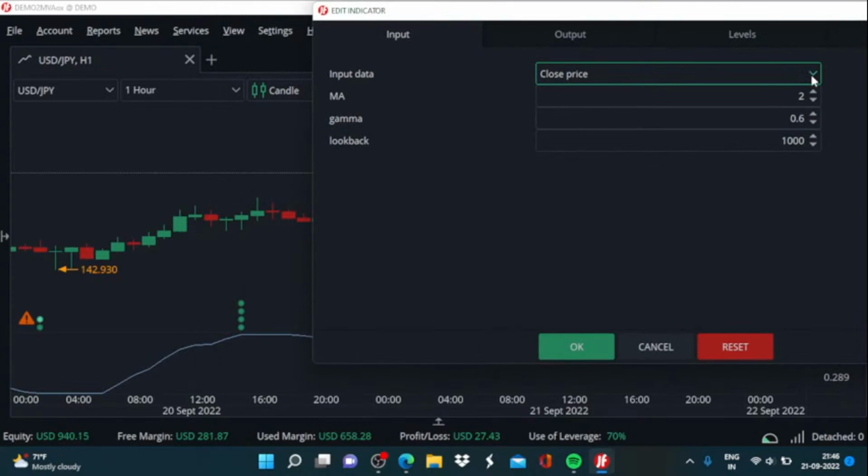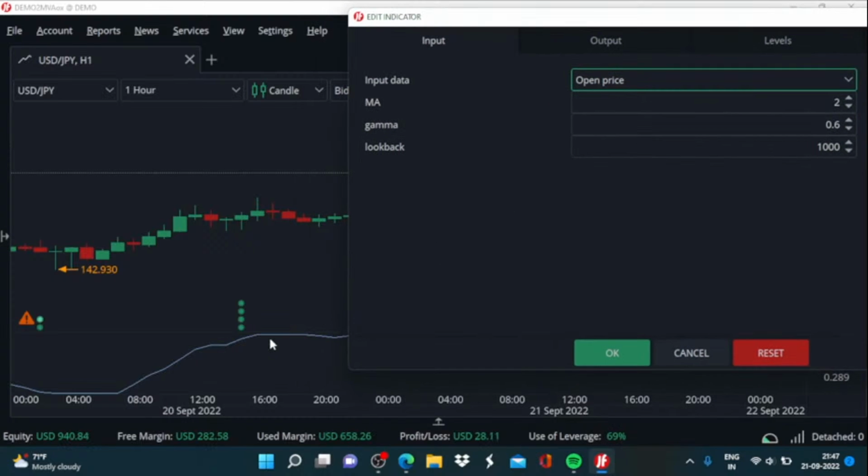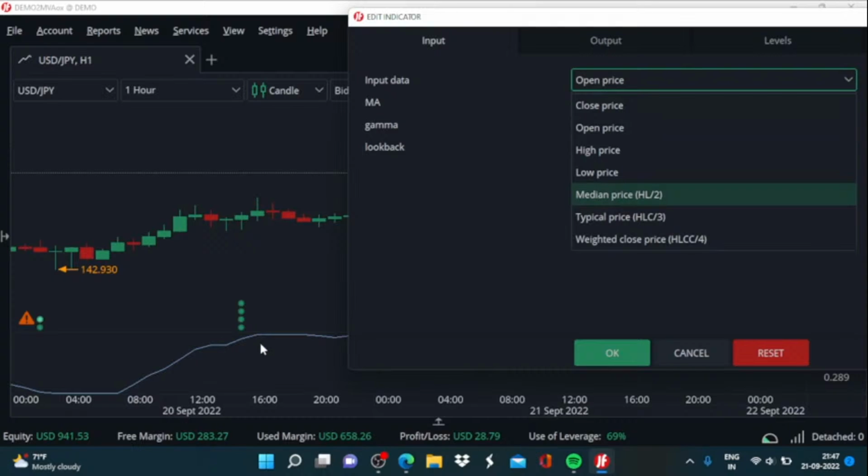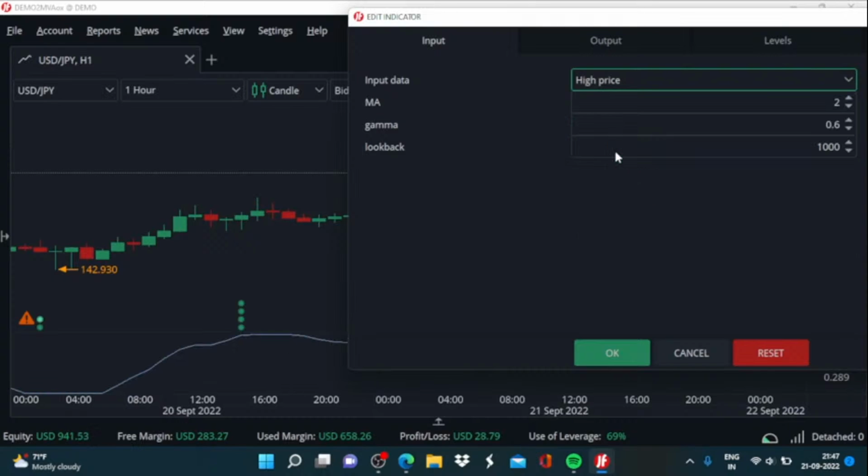So as and when you change the applied price, you will have slightly different plotting of these indicators. So please pay attention to the plotting on the lower side of this chart.